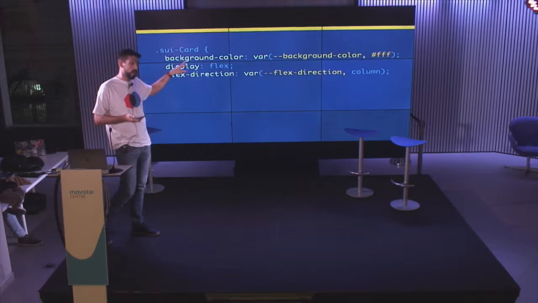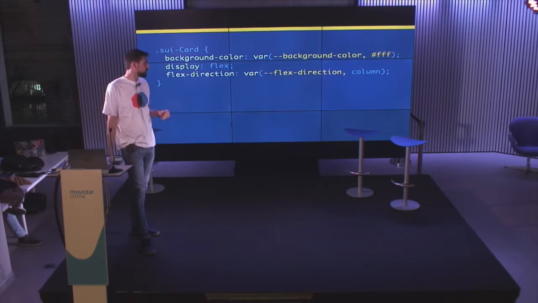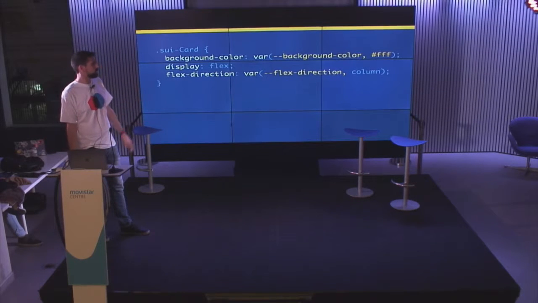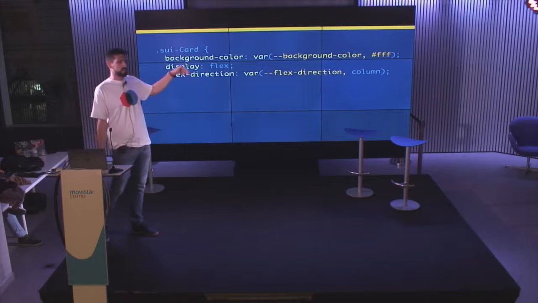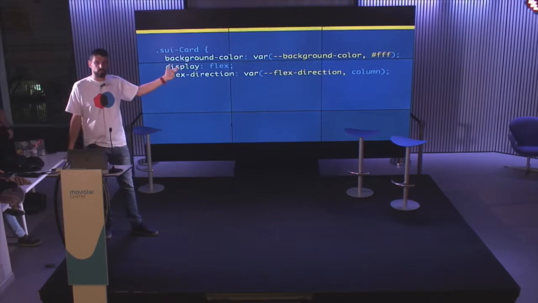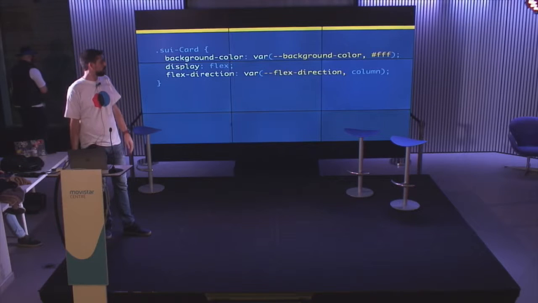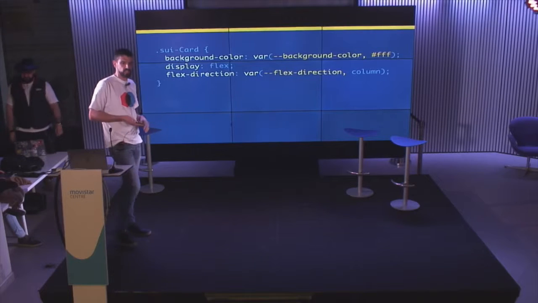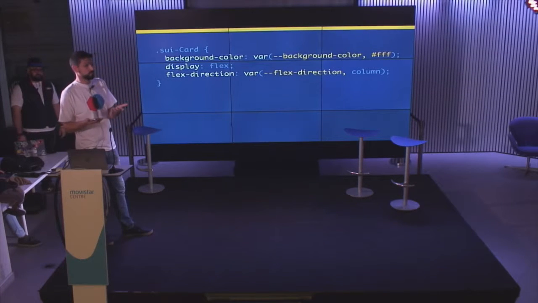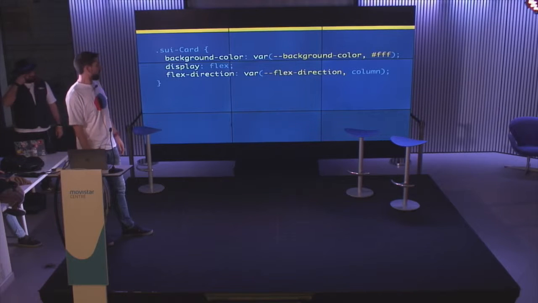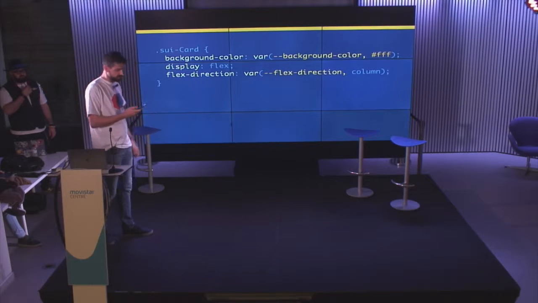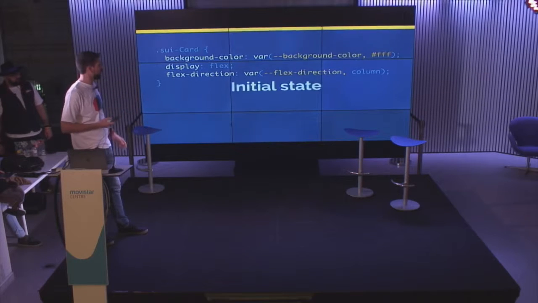We can call a custom property, but also assign a default value. And it is important to know that we can even call the custom property without passing a default value, and the code won't break. This is a different behavior than a Sass variable, that if it doesn't exist, the code breaks. In this case, if the custom property is not set, the property of CSS won't work. But in this case, we have a default value. With this state, we have the initial state.